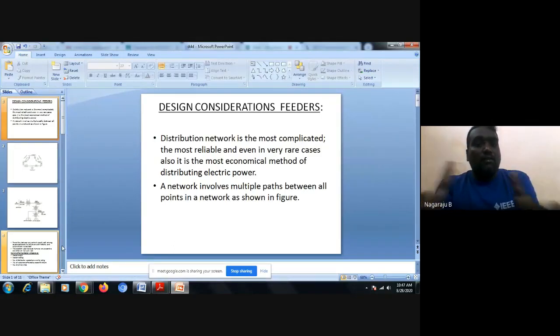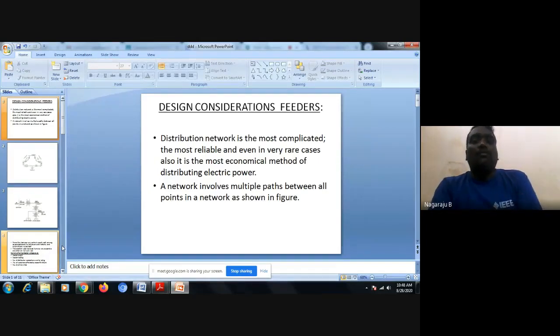All of you remember this. Most of the cases, I told you, the distributor network is most complicated and most reliable, and in very rare conditions it is more economical. So automatically we will go for the loop type as well as the radial type.